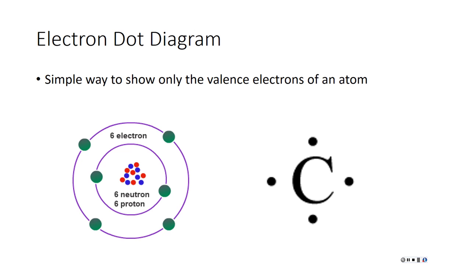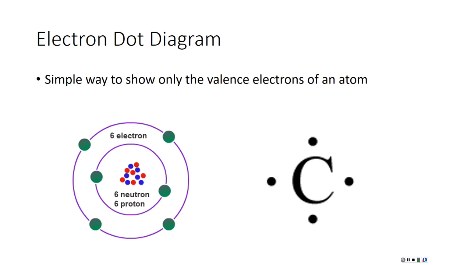Okay, so potassium is going to be the symbol for the element, which is the K, and then 1 dot because there's 1 valence electron. And it doesn't matter what side the dot's on or anything like that, just 1 dot there associated with it.